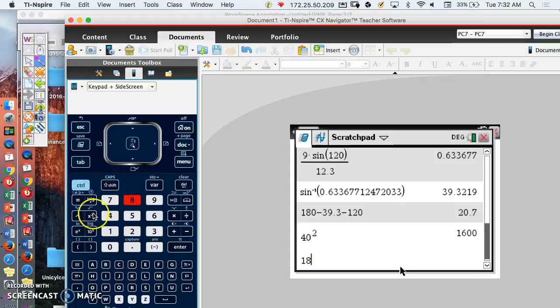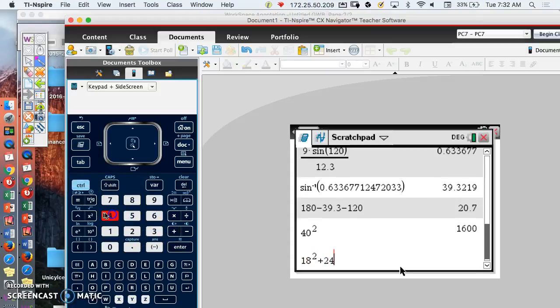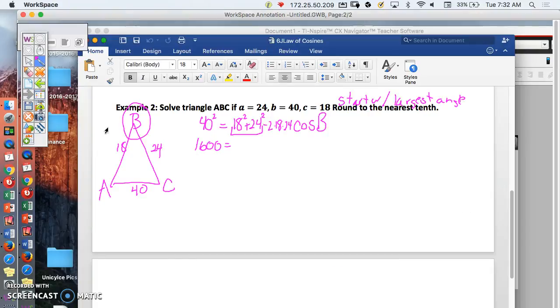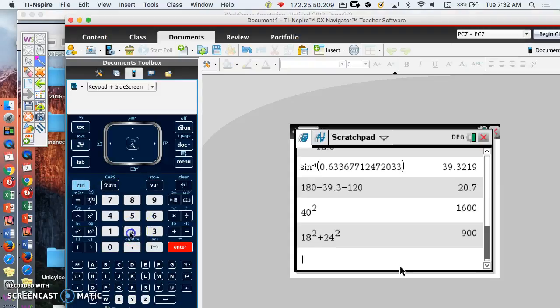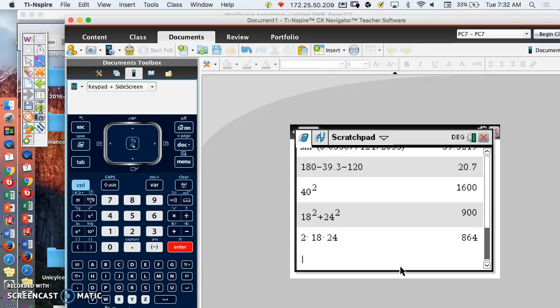So 18 squared plus 24 squared, 900, minus, we can put that together because it's multiplying, 2 times 18 times 24, 864.